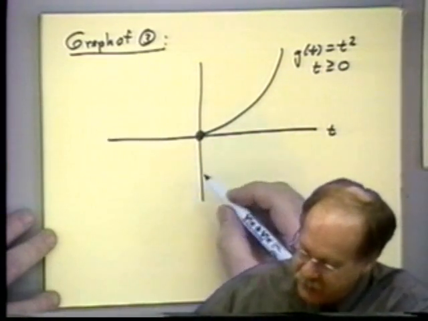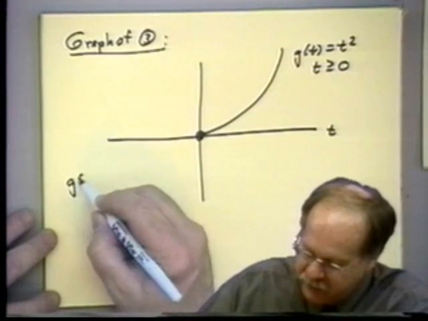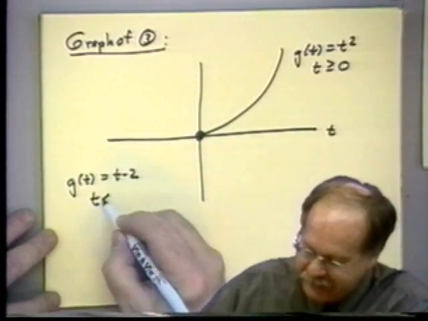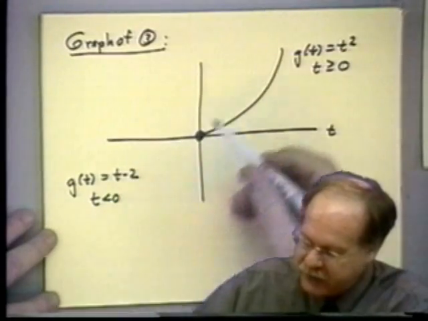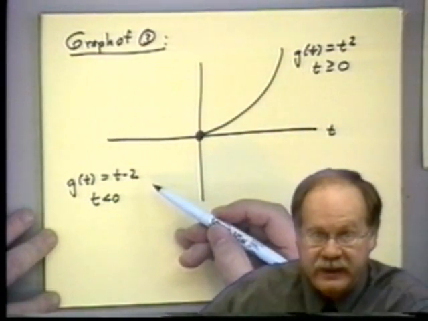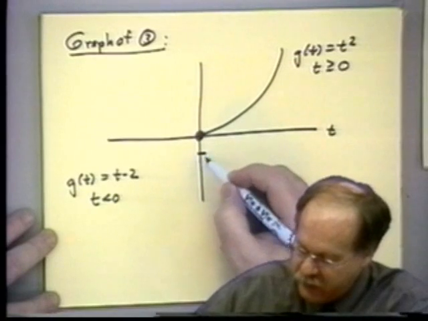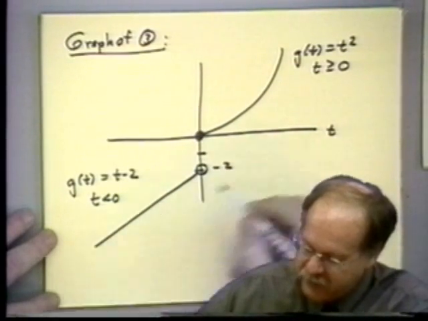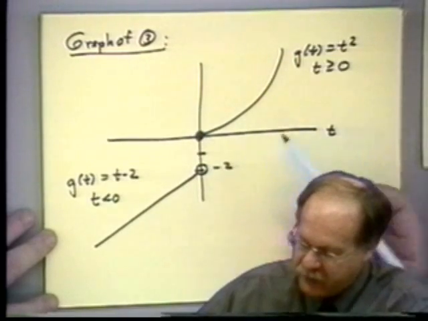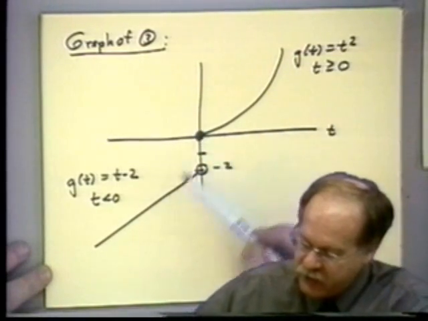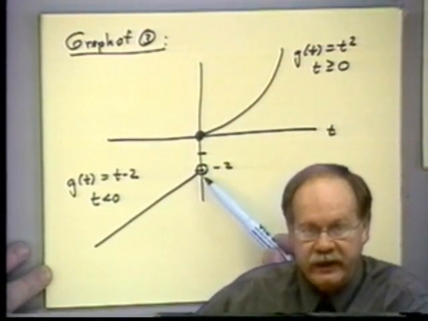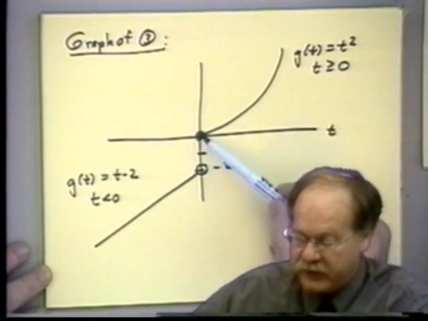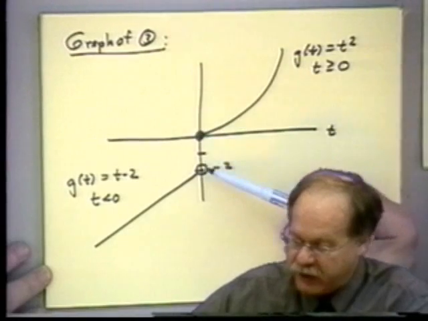And then on the other side, if you remember, g of t is equal to t minus 2. And that's for t less than 0. Well, t minus 2 is the 45-degree line. That would be t, shifted down by 2. So here's minus 2. And so we start here and go off this way. There's our picture. You can see that the two one-sided limits do not agree, but there is a value of the function here at 0. And of course, there's no two-sided limit.